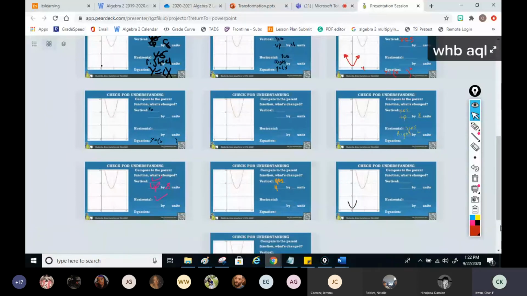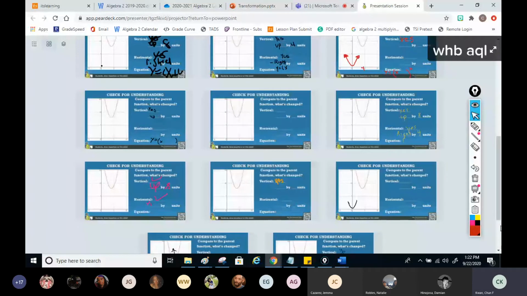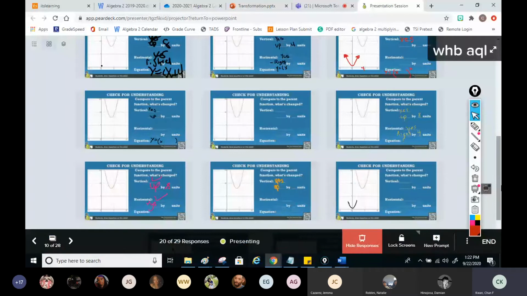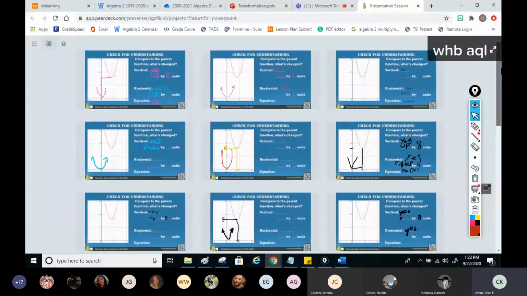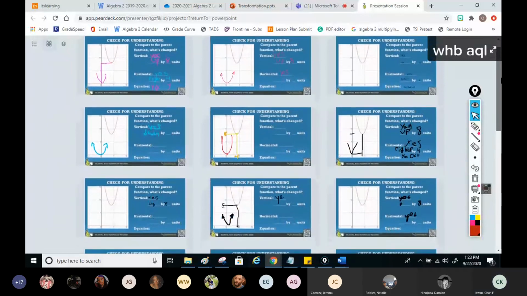We're not really solving any problems right here. You're just looking at the new graph, see if you can spot any changes, and then writing it down. So if you get it, this should be the easiest chapter ever.